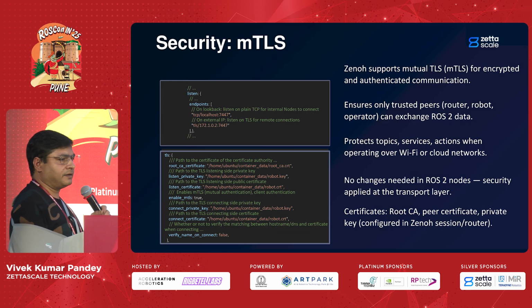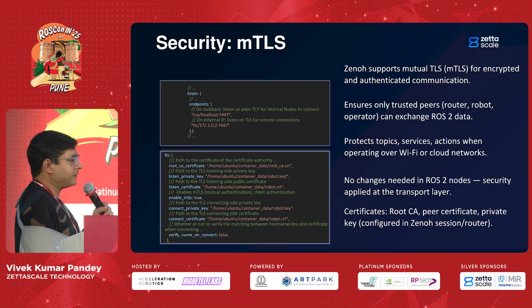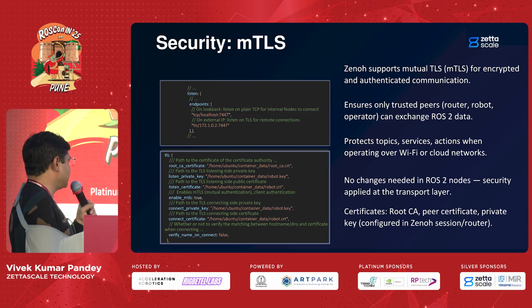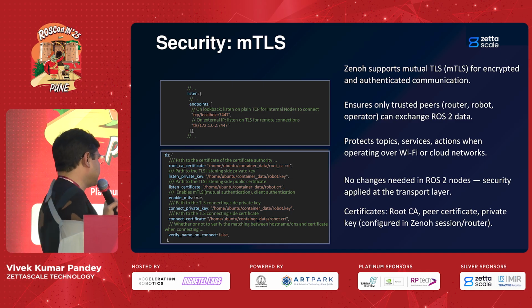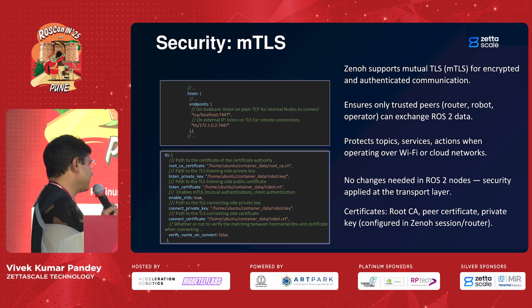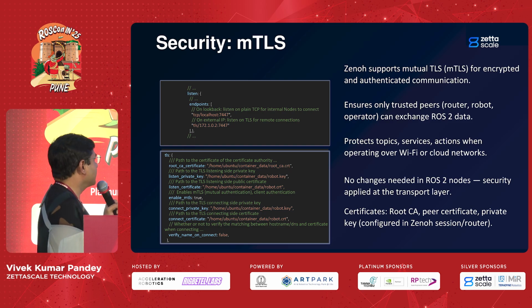You can configure security by using mTLS. Here you can see we define all the security settings. We generate the certificate, we get the private key, we configure everything, and we ensure trusted communication.